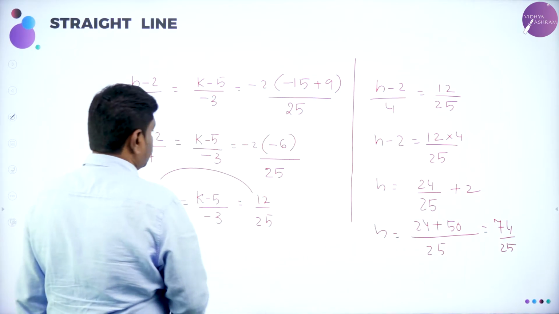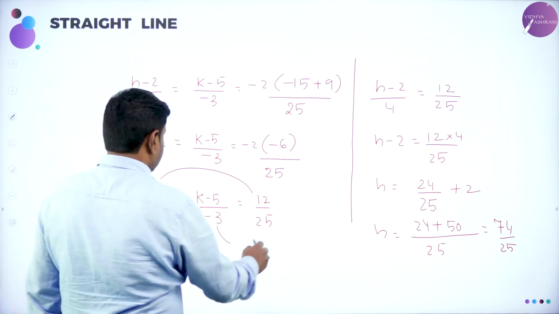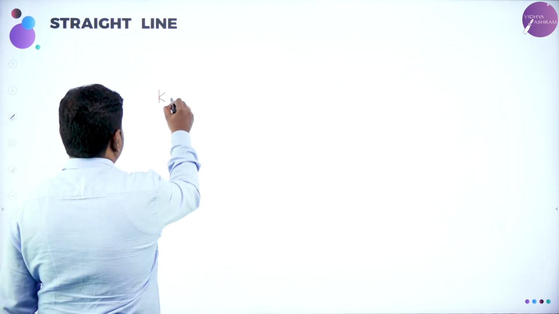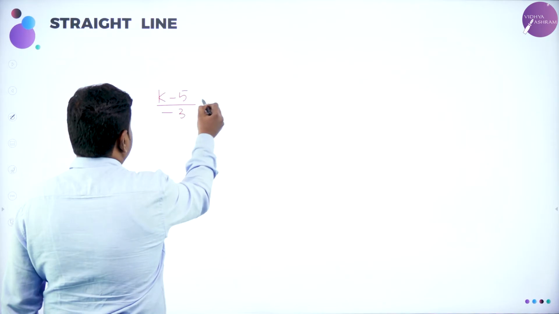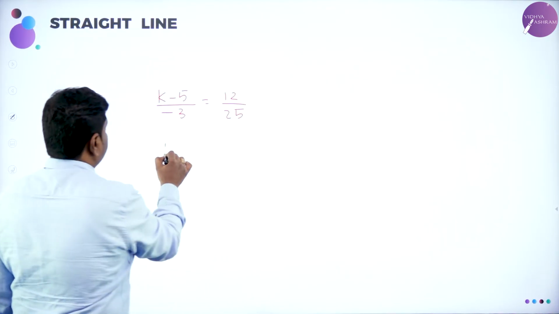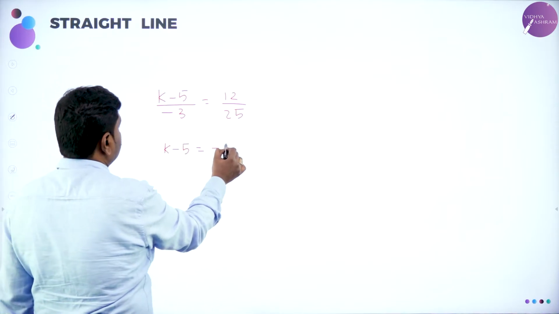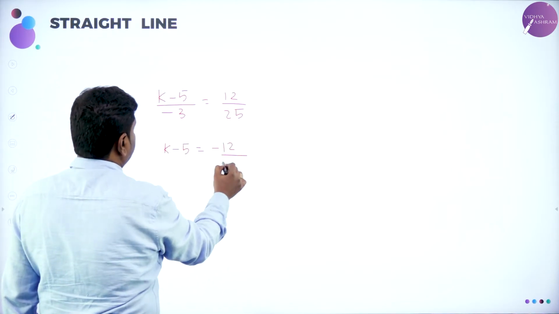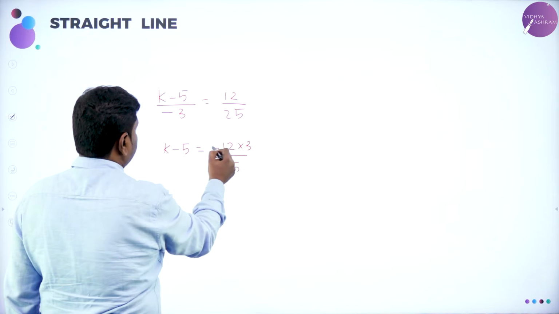Similarly, equate the last two terms. (k minus 5) by minus 3 is equal to 12 by 25. Further simplify, so k minus 5 is equal to 12 by 25 into minus 3.